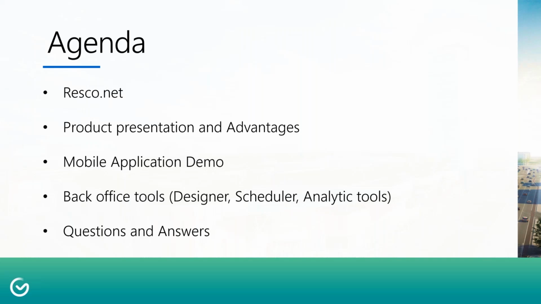After this, we will look at what advantages Resco Inspection offers to the property management industry. And then I would like to do a mobile application demo. We will look at the application itself and how people interact with it. And also we will take a look at back office tools such as a designer, scheduler, and analytic tools. And finally, there will be a space for questions and answers.